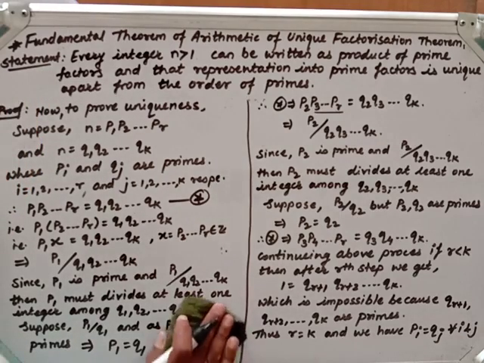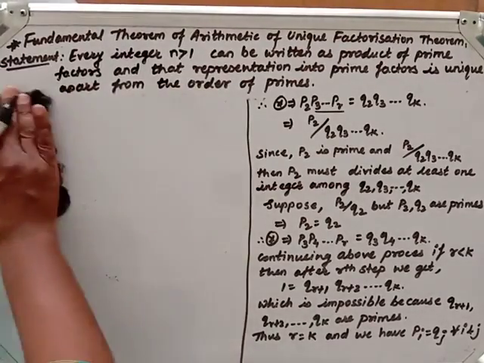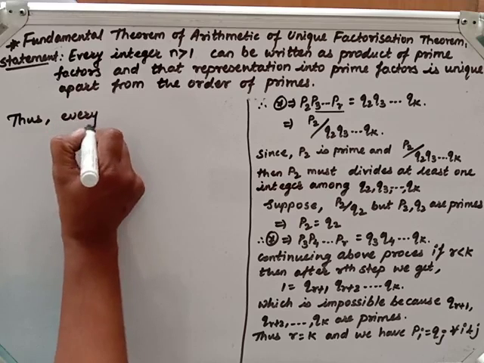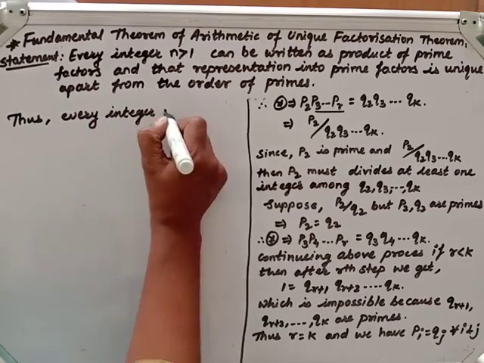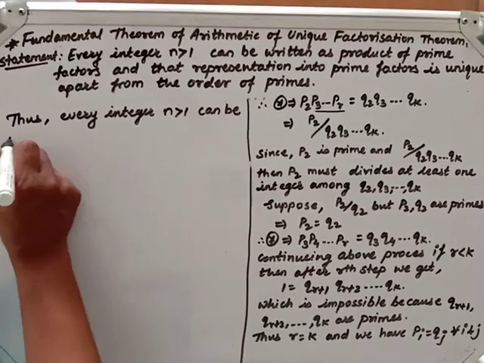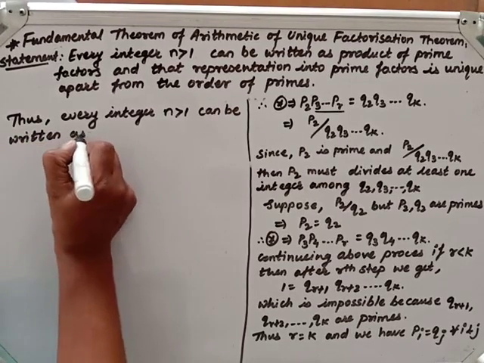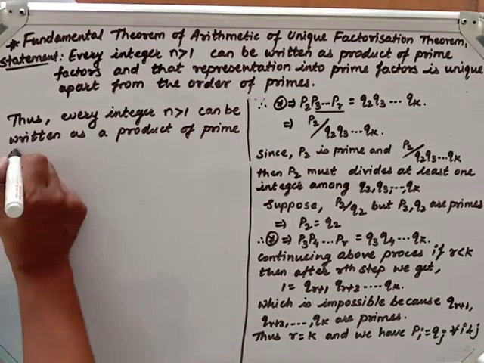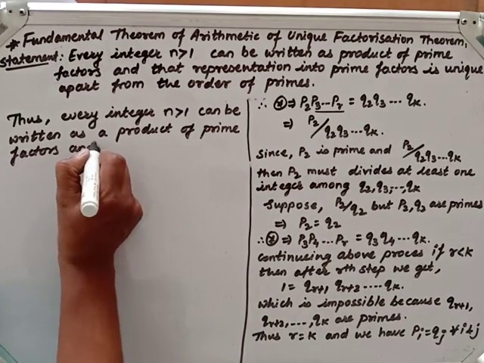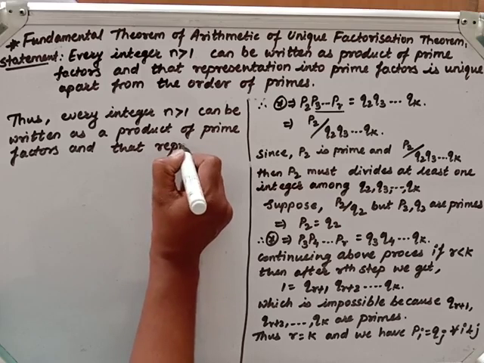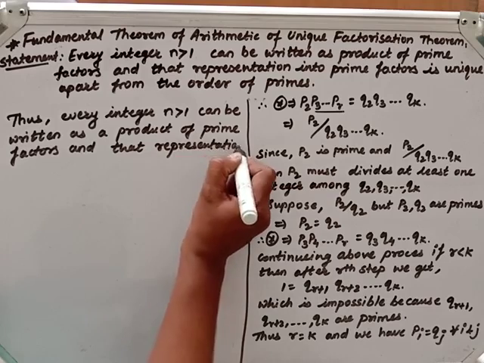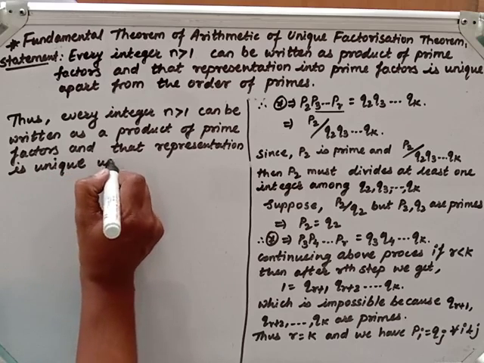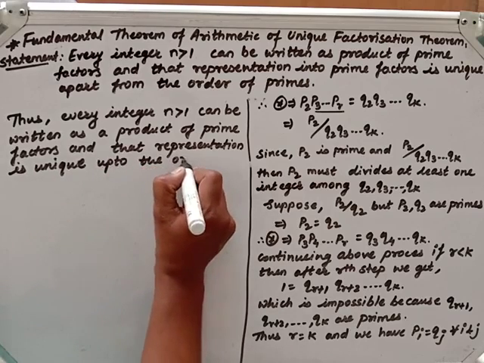So finally, I must write: every integer n greater than 1 can be written as a product of prime factors, and that representation is unique up to the order of the primes.